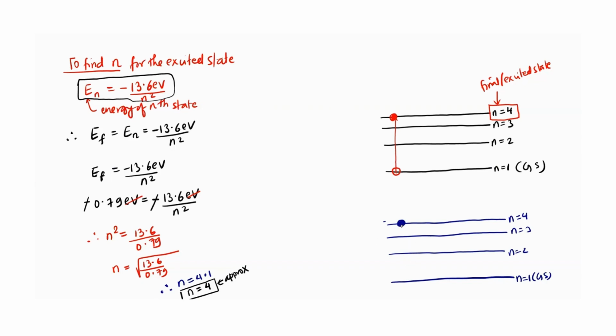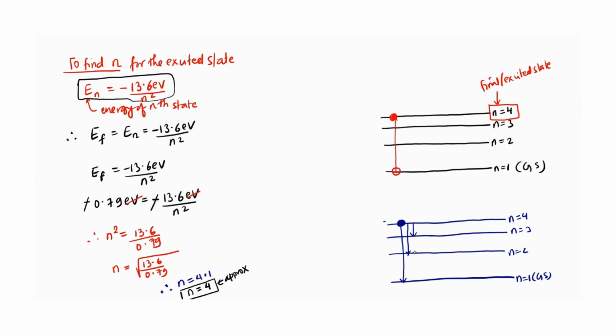Now we need to find the possible transitions. We can have a transition from n equals 4 to n equals 1, from n equals 4 to n equals 2, and from n equals 4 to n equals 3. Clear?